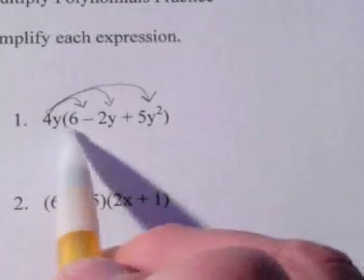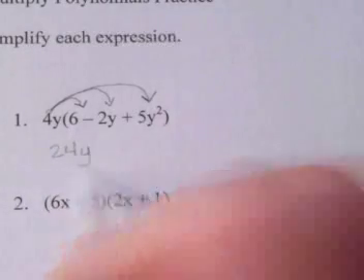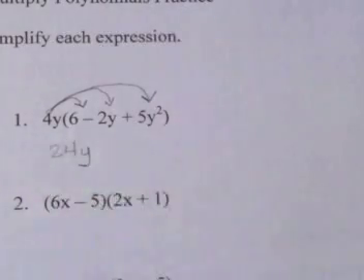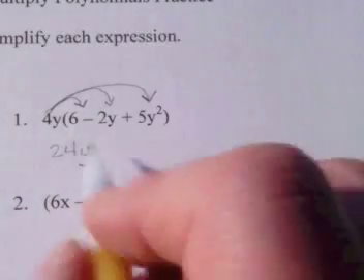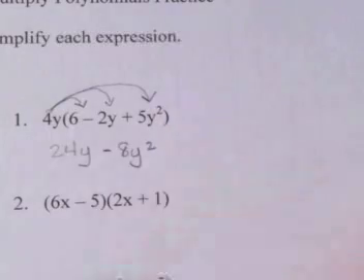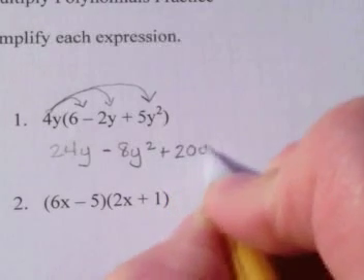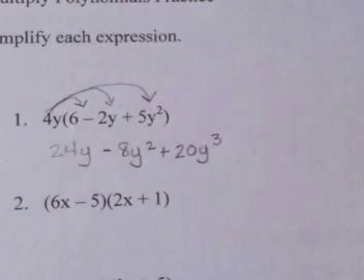So I'm going to take 4y and multiply it times 6, which gives me 24y. I'm going to take 4y and multiply it by negative 2y, which gives me negative 8y squared. And 4y times 5y squared is positive 20y to the third.